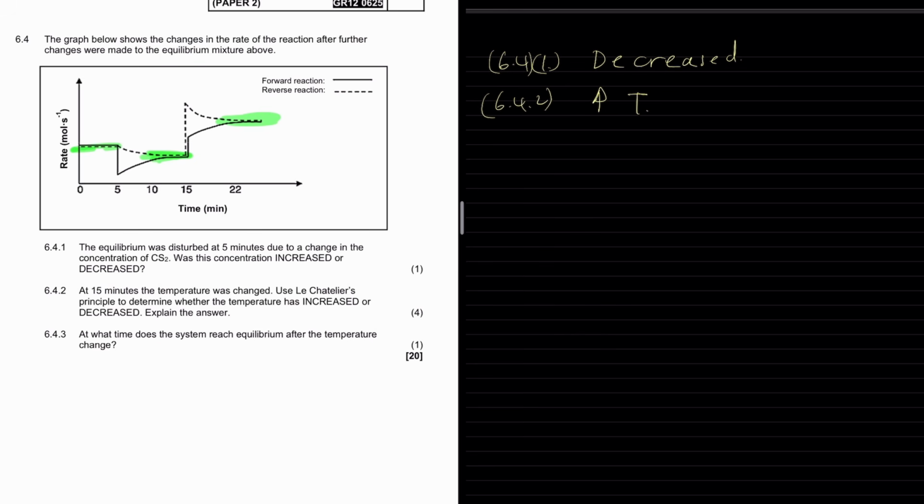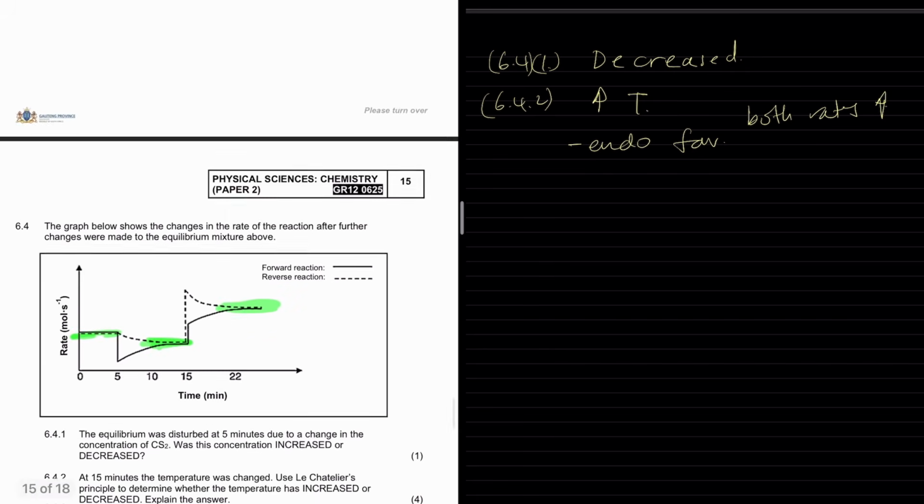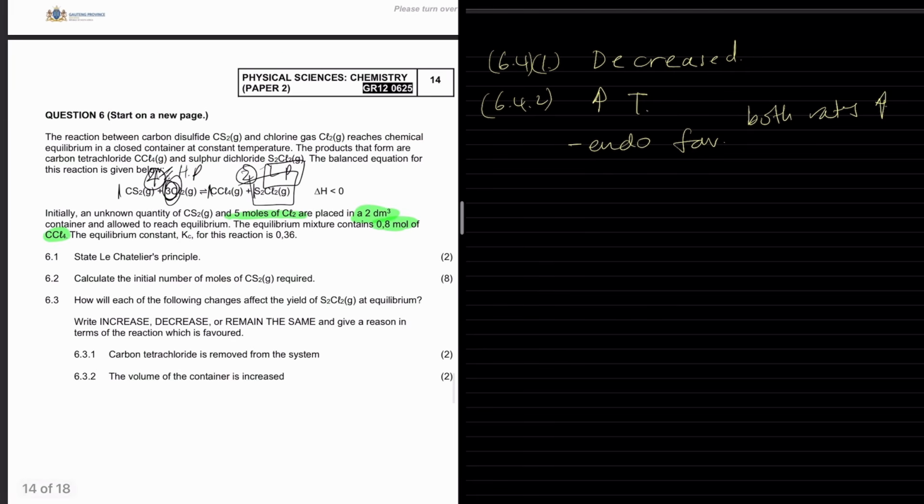So the temperature increased. But now they do want us to explain, so we can use Le Chatelier's principle to explain what we are observing. If you increase the temperature, the endothermic reaction is favored, right? And both rates will increase, but the endo reaction is favored. Now, if I look at the reaction, the forward is exo, that means the reverse is endo.